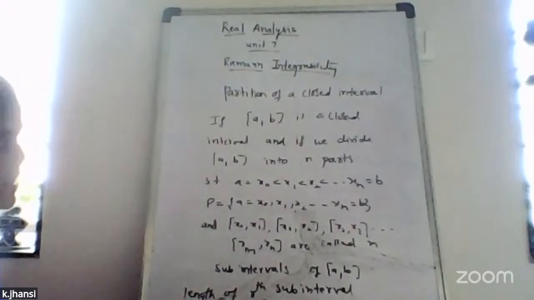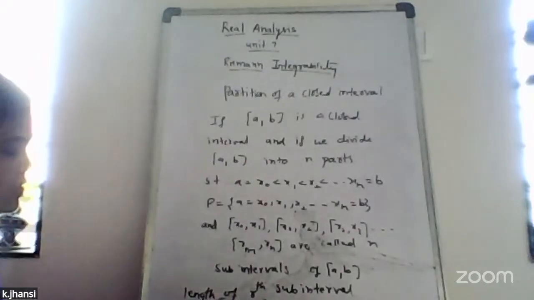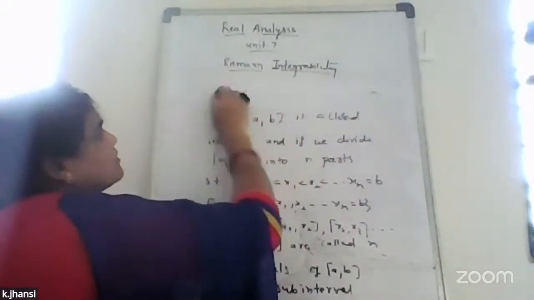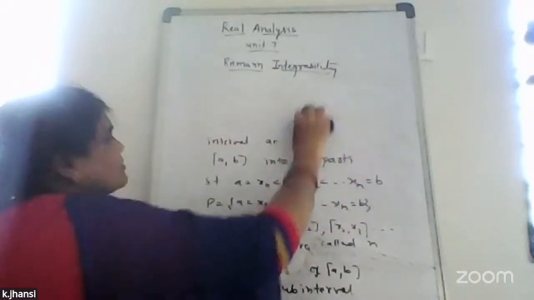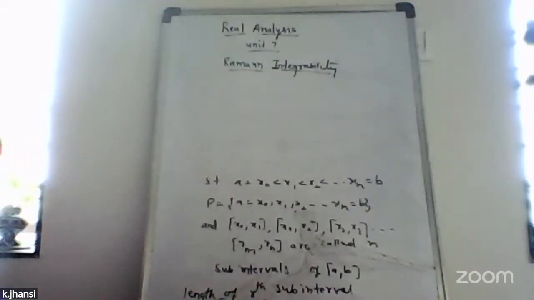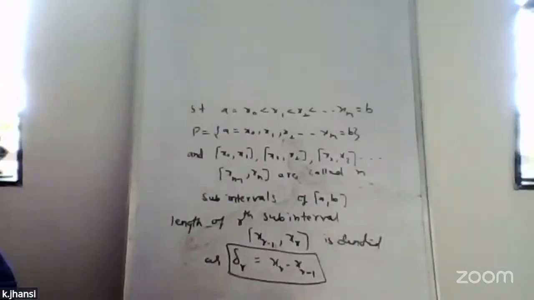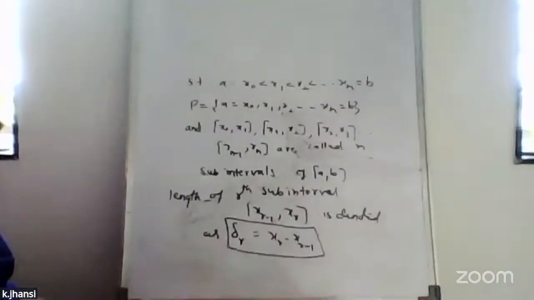So for this you can see the example here, whenever any closed interval is given, small delta r is equal to xr minus xr minus 1.